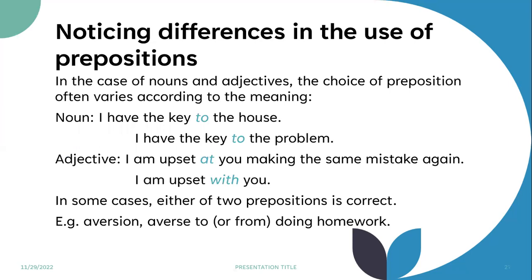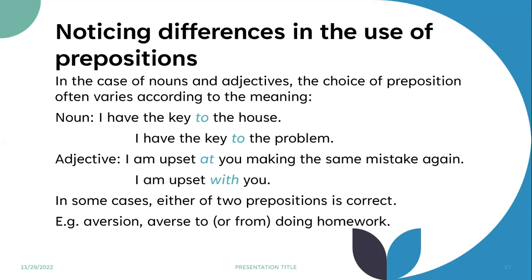So, noticing differences in the use of prepositions. In the case of nouns and adjectives, the choice of preposition often varies according to the meaning. So we have, "I have the key to the house," "I have the key to the problem." Then we have, "I am upset at you making the same mistake again," versus "I am upset with you."